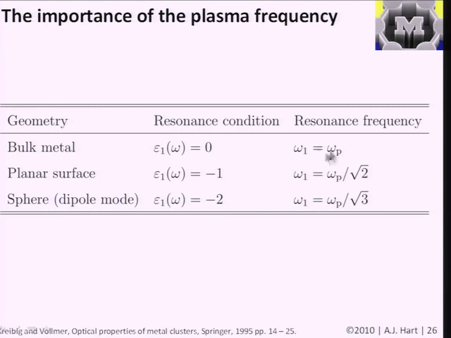So for a bulk metal, it equals the plasma frequency. And for the sphere, it's related by the square root of 3, and so on. So you see even for more complicated geometries, the plasma frequency will show up. So if you look up the plasma frequency, you'll at least know the ballpark area of where the resonant frequencies will be.